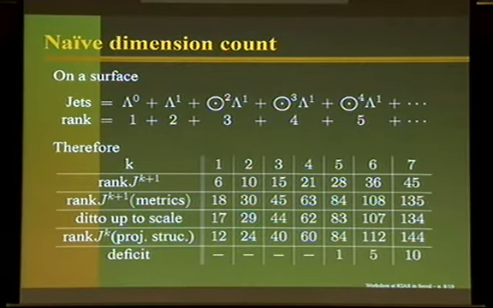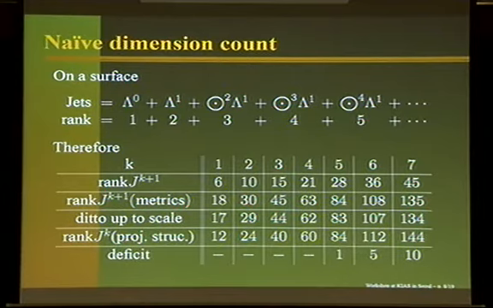So when you're mapping from metrics to projective structures, there's a differentiation involved. That's the formula in getting the Christoffel symbols from the metric. There's one derivative involved. And that's why, if I want to know the kth jet of the projective structure, I need to know the k plus first jet of the metric.